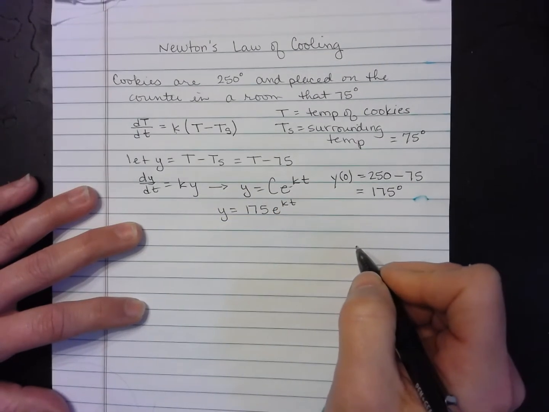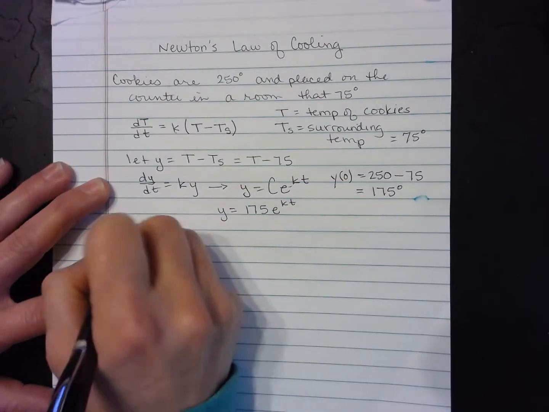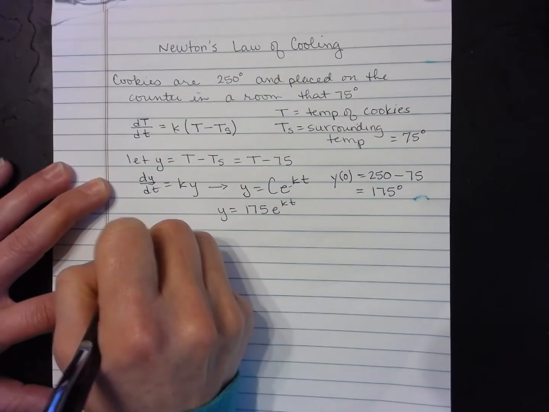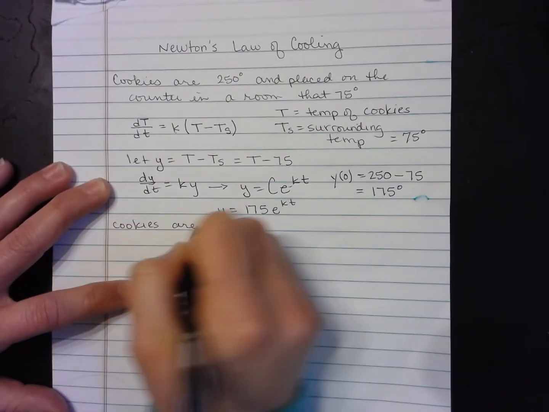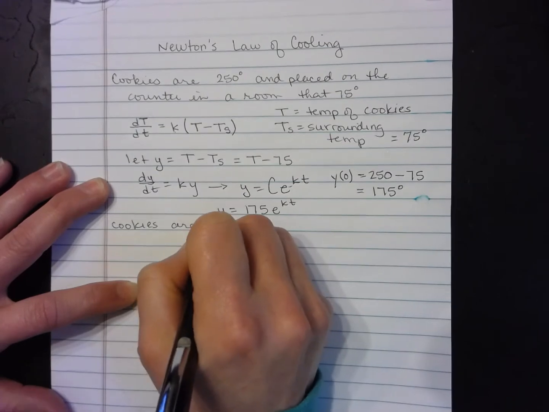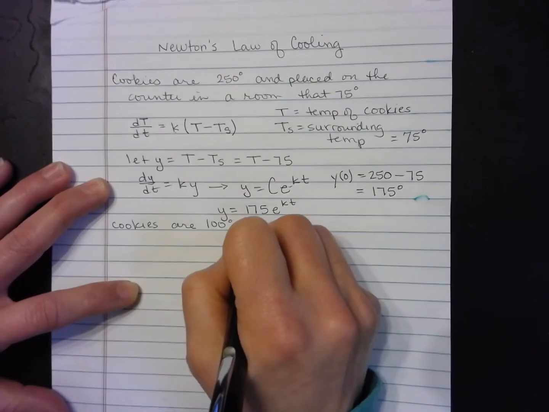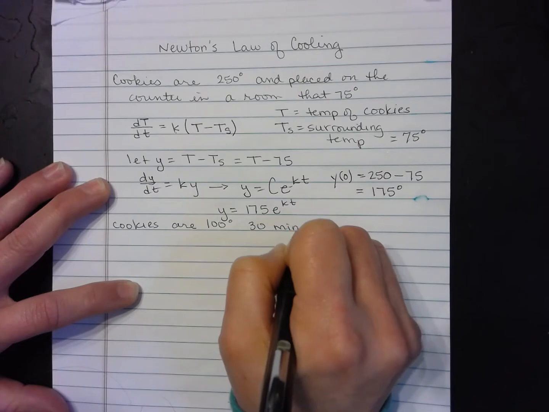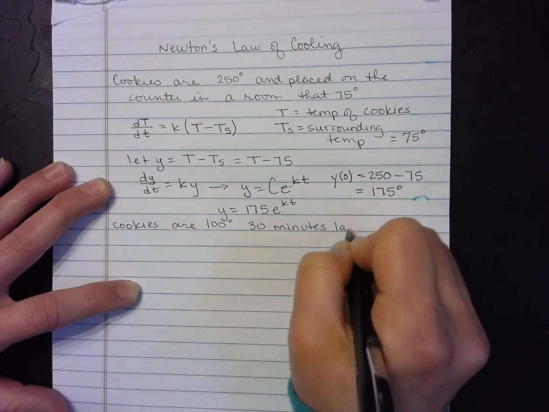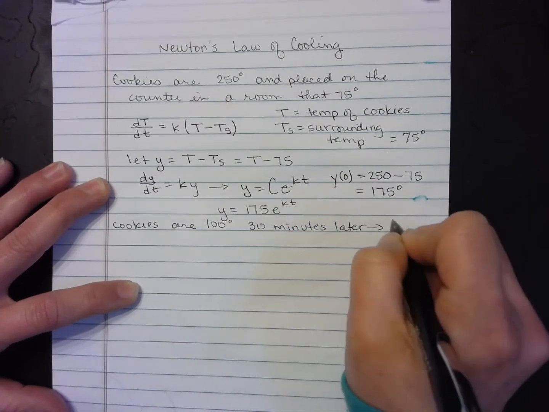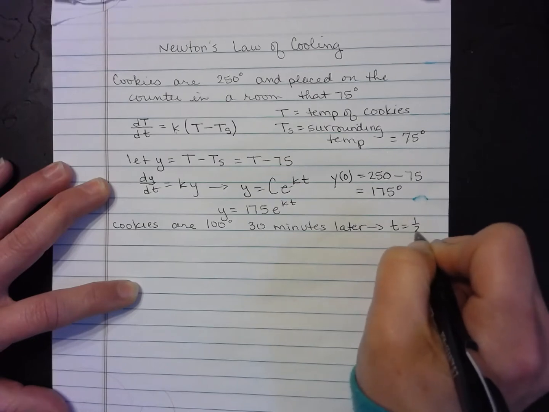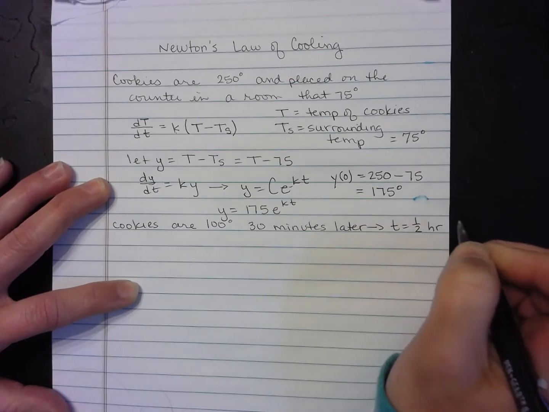Now let's say that the cookies are at 100 degrees 30 minutes later. This tells me that t equals a half an hour.